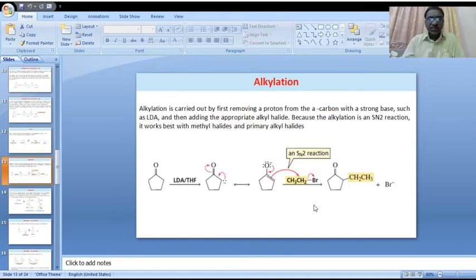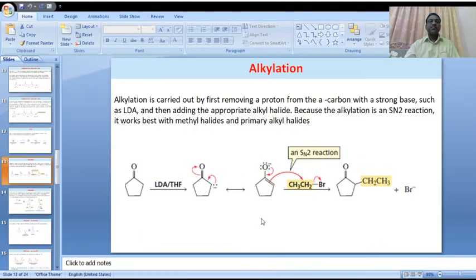Now let us go to the alkylation reaction. We'll enlarge the slide. Alkylation is carried out by first removing a proton from the alpha carbon with a strong base such as LDA.